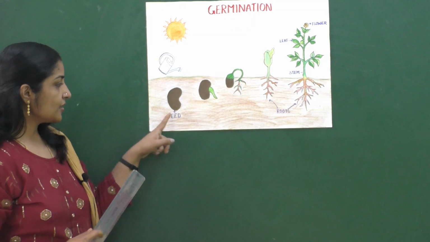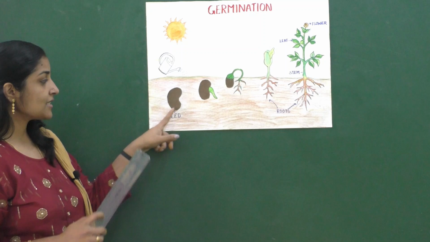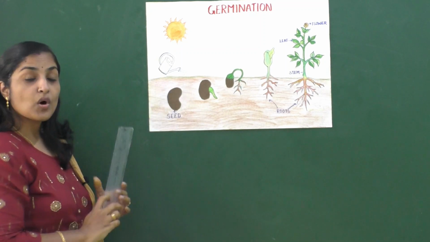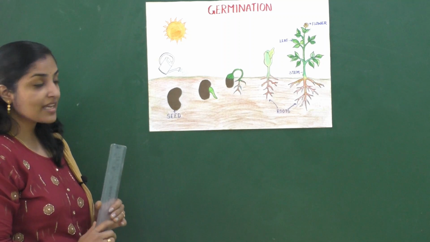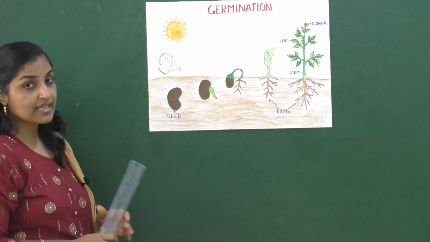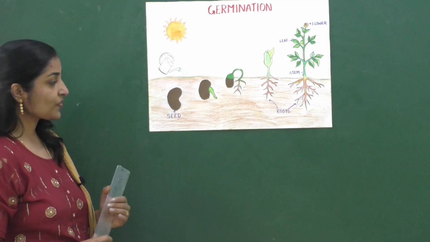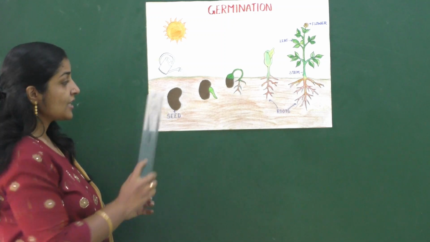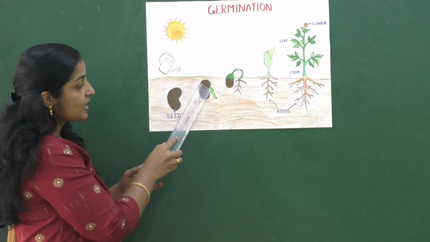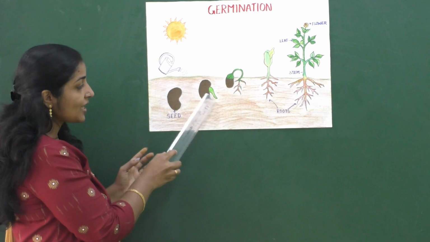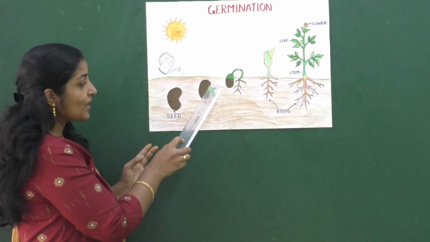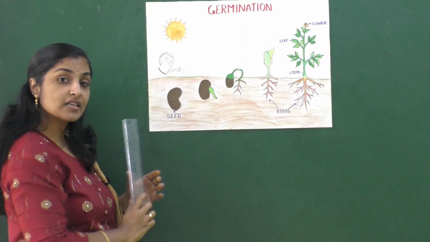So, you can see a seed here, right? Yes. So, the seed is sown in moist soil, and the seed begins to grow. Then the next step is the seed starts growing a tiny root downward by splitting the outer cover.